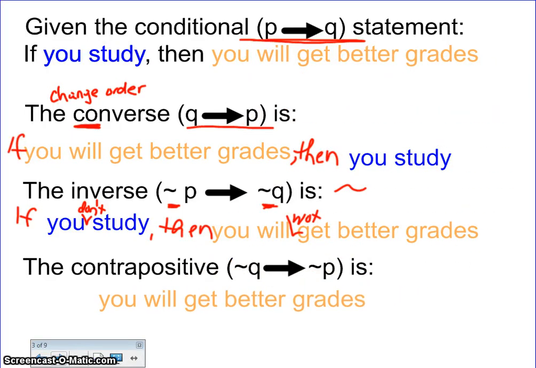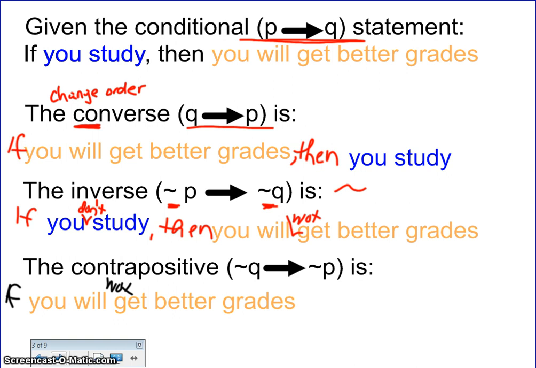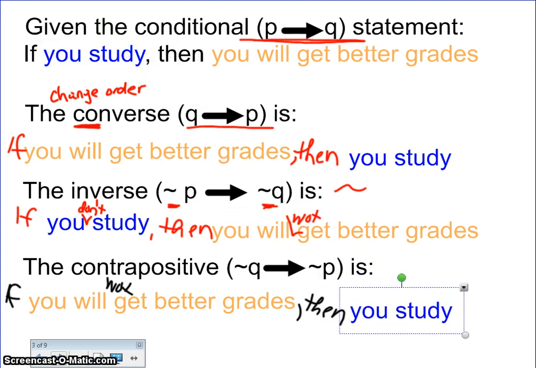Now it goes to the beginning, but instead of you will get better grades, it's you will not get better grades. So if you don't get better grades, then it's going to be you didn't study. And we'll put a did not study right here.